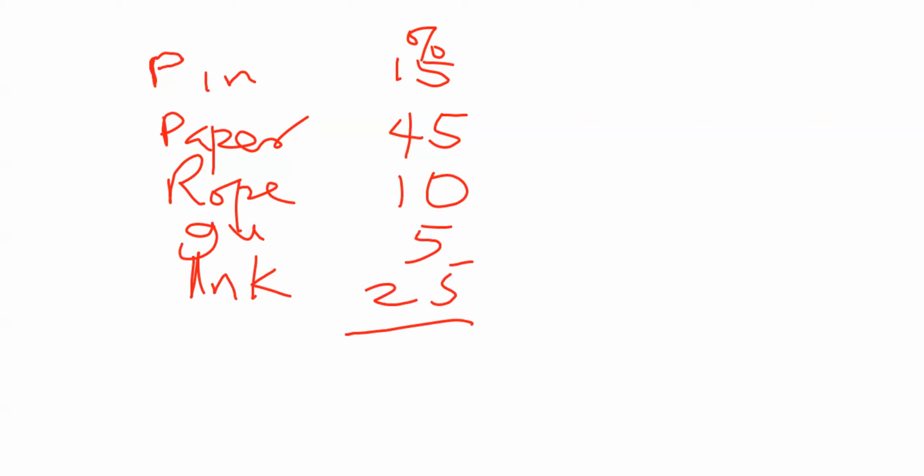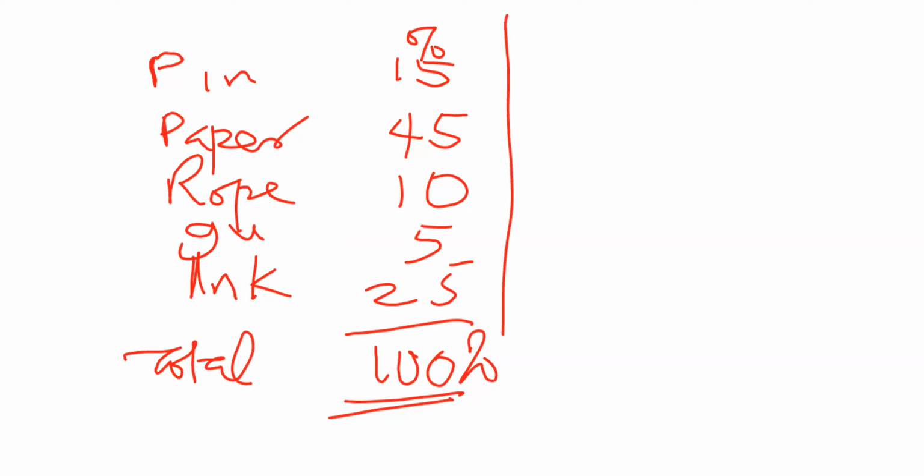Good. We add everything together. We know it's 100%, but we can still cross-check in case they made a mistake in the addition. 15 plus 45 should be 60, and that makes the total 100%.